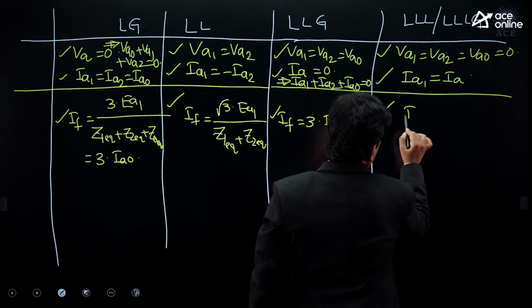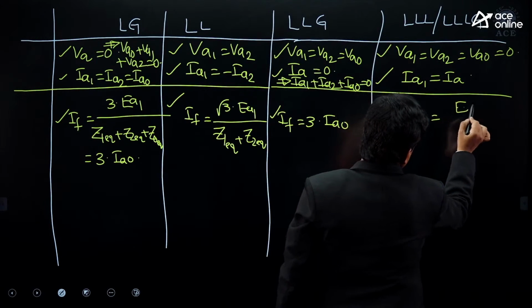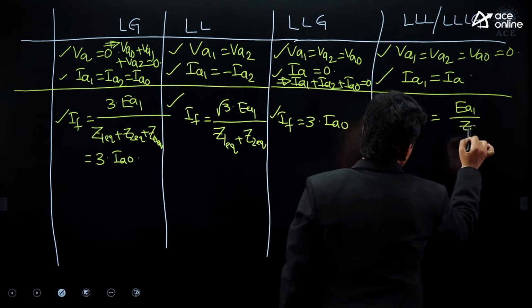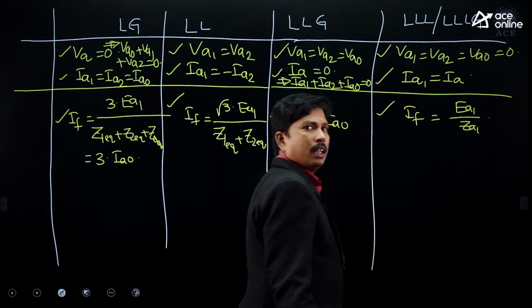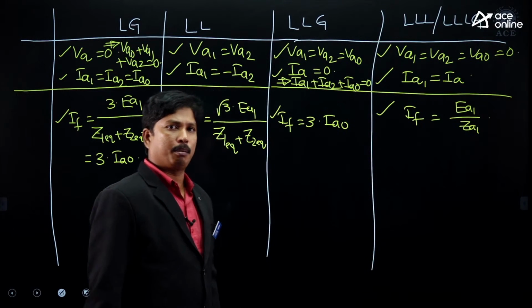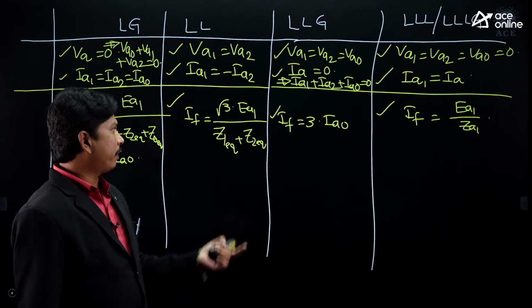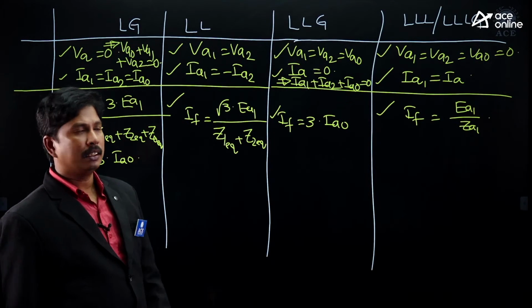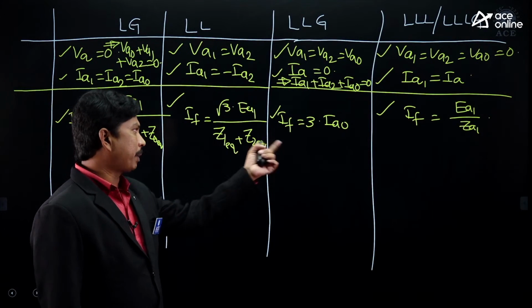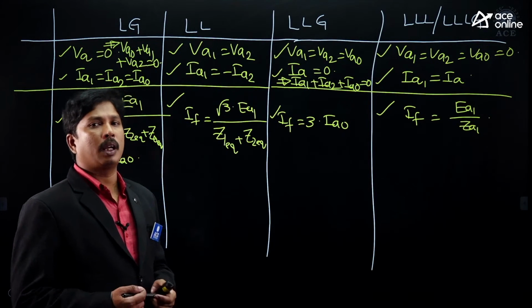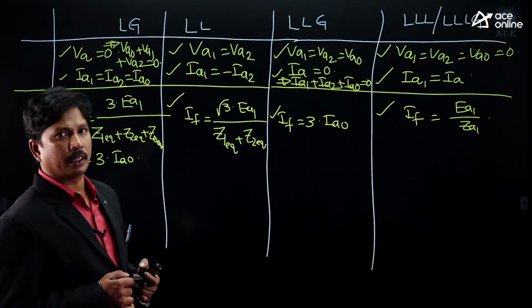And whereas the fault current IF is equivalent to EA1 divided by only the positive sequence impedance ZA1. So whenever you have some fault impedance because of the fault location, we can write that fault impedance as ZF in all 3 cases. Sometimes it may be ZF and sometimes it may be 3 ZF, based on the situation.